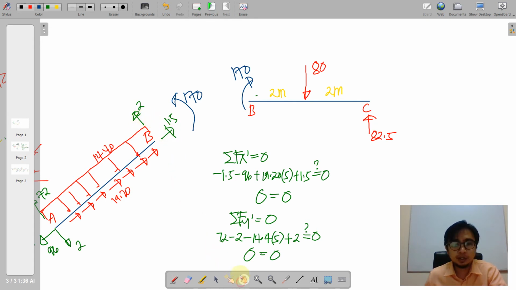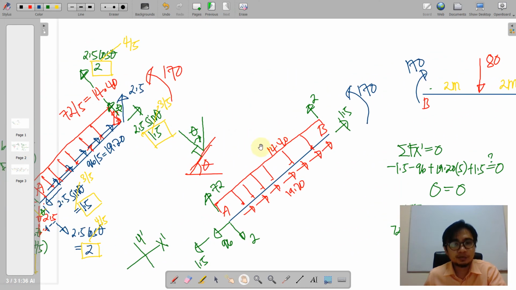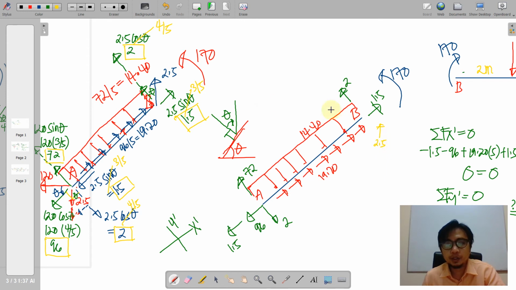We refer to the resultant force of this 2 and 1.5, and it is actually going upwards 2.5. So this is just a component, and the resultant of that 2 and 1.5 is actually 2.5. Perhaps we can just reflect it here.